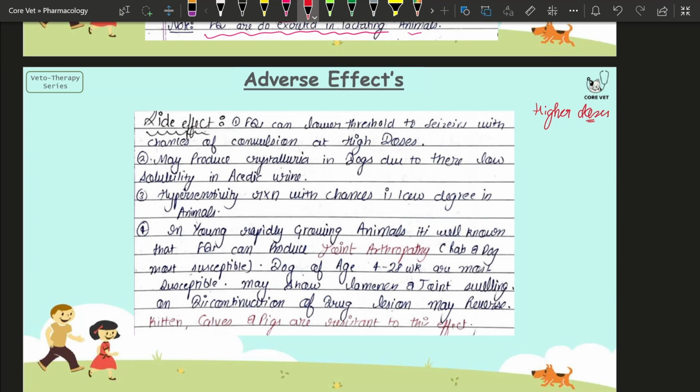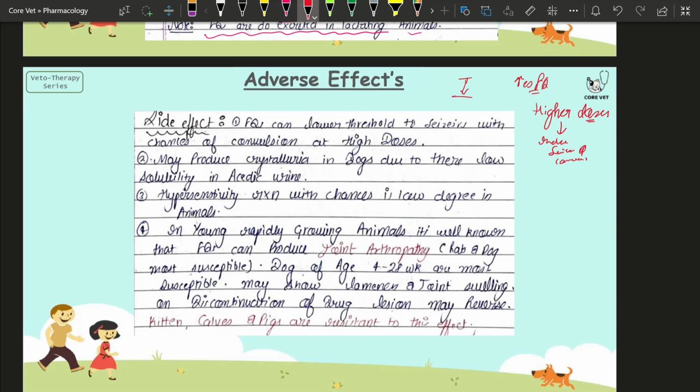There is an induction of seizures and convulsions. Why? Because the threshold value for the achievement of seizures and convulsions is getting reduced. Earlier, only at a certain high value could the seizures be achieved. But when you increase the fluoroquinolone dosage, it will lower the threshold for the induction of what?